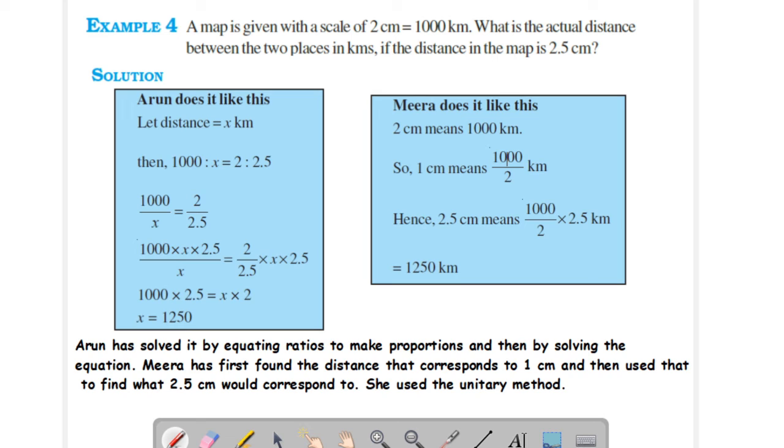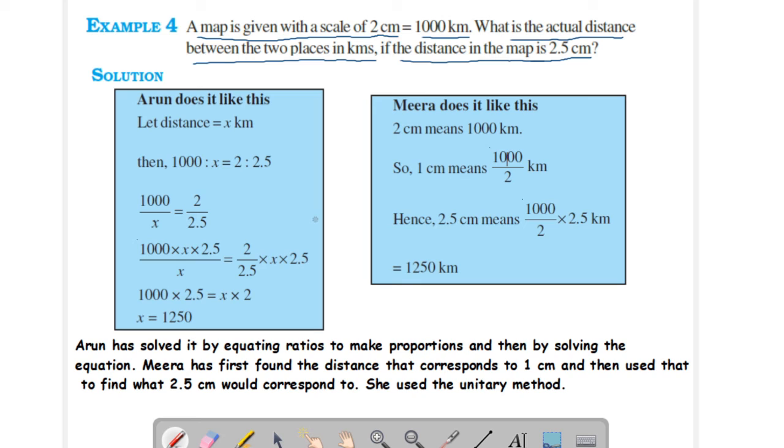Now come to example 4. Here a map is given with a scale of 2 centimeter, which is equivalent to 1000 kilometer. What is the actual distance between the two places in kilometer if the distance in the map is 2.5 centimeter?